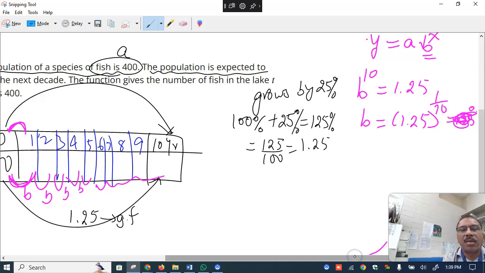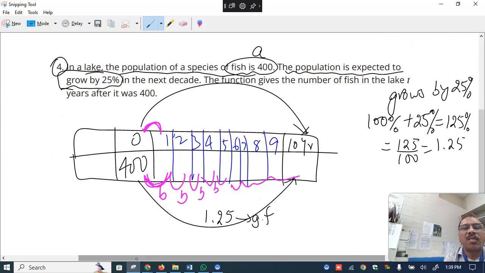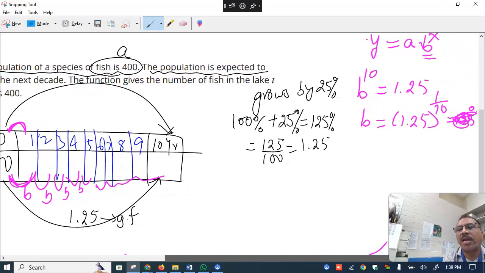Now this is T years. T is the number of years, and A of T stands for the amount of substance in the sample studied.